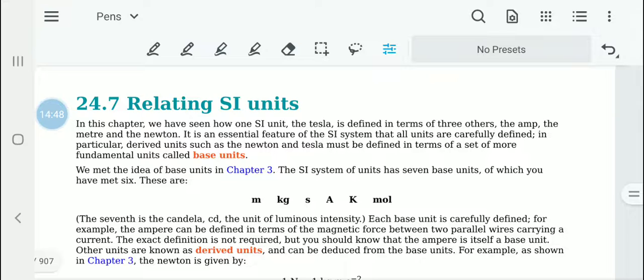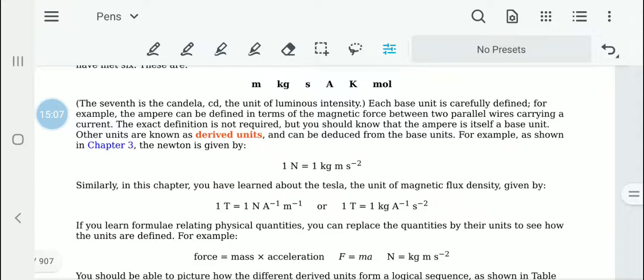Now there are 7 base units. We have met 6 base units so far: meter, kilogram, second, ampere, Kelvin and mole. The seventh one is the candela, the unit of luminous intensity.